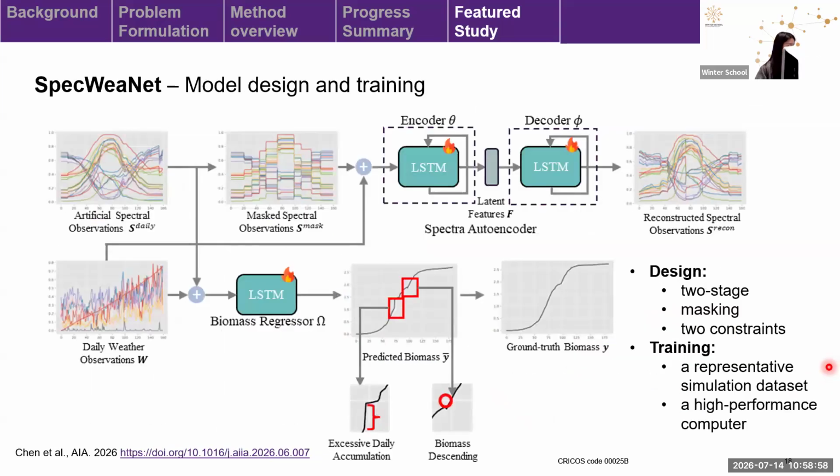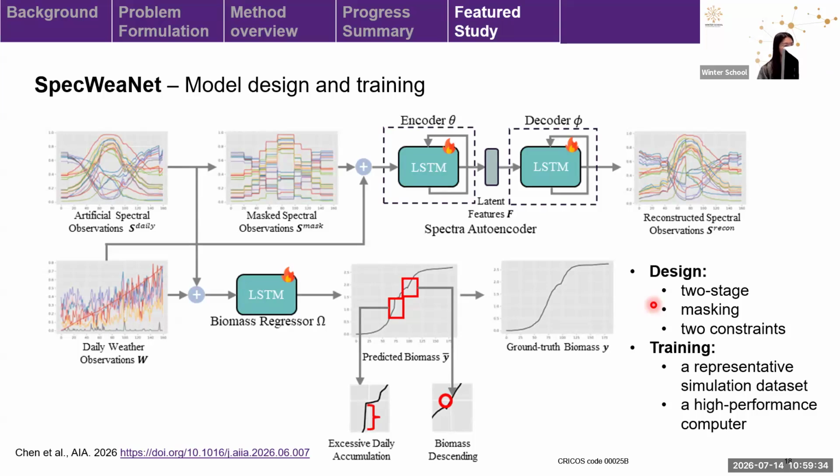And the second step, once we have that simulation dataset available, is to design our model. Our model is two-stage. This tries to tackle the temporal inconsistency, because if you remember, the weather data is at daily scale, and the spectral data is non-daily, and this will cause a temporal inconsistency between the two types of input data.